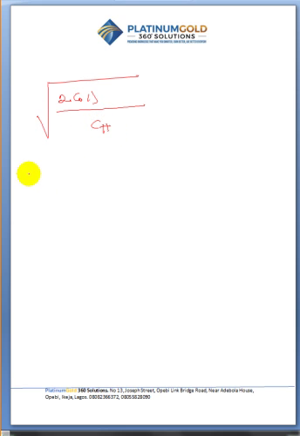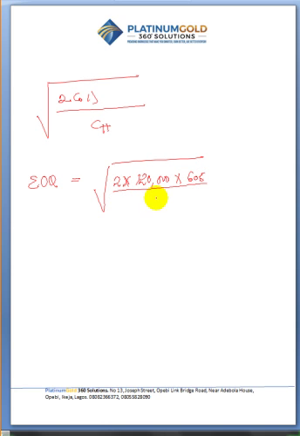So EOQ equals the square root of 2 by 120,000 by 605, all of these divided by 0.3.